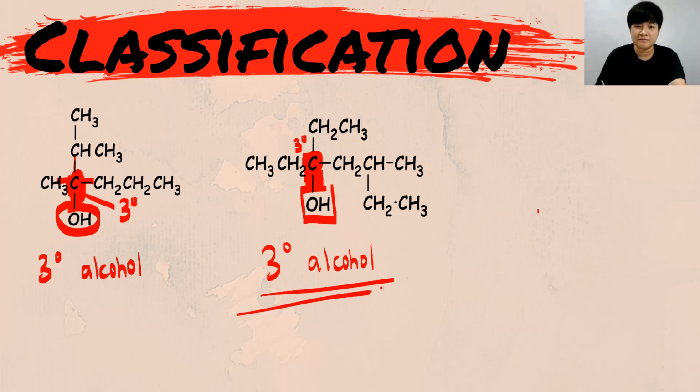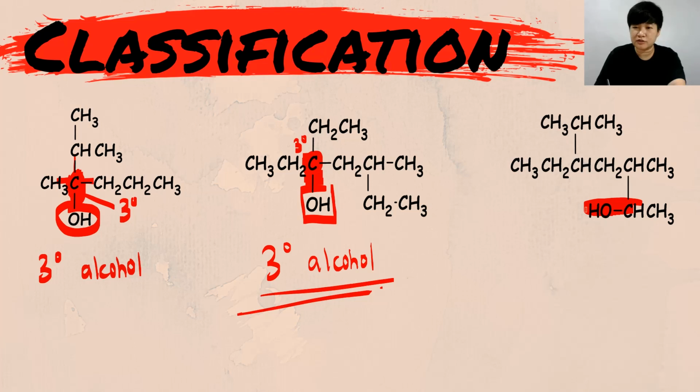Last but not least, that is my carbon holding the OH group, and we focus only on the carbon that holds it. This carbon right now is a secondary carbon. Therefore, it will become a secondary alcohol. Simple, easy, and that is the easiest thing in this video.